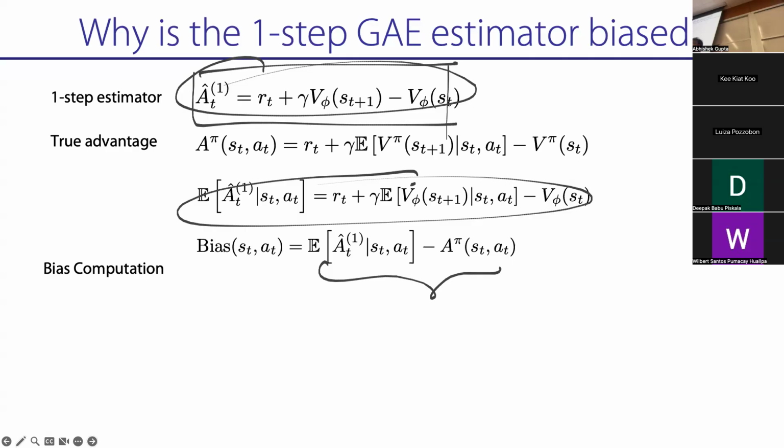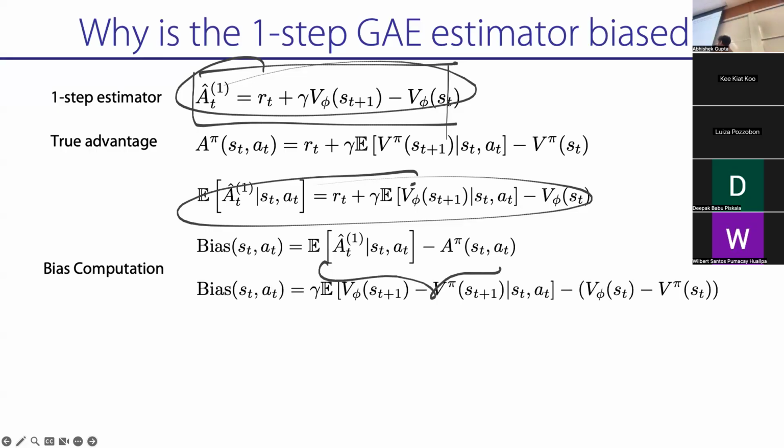If I had the perfect value function, that gives me A pi; with an estimated value function, that gives me A hat t super 1. I subtract the expected estimator minus the true.